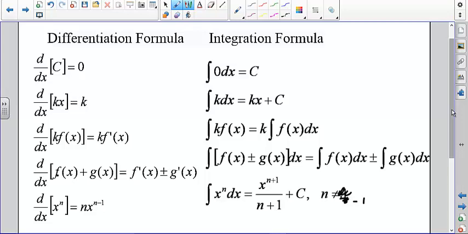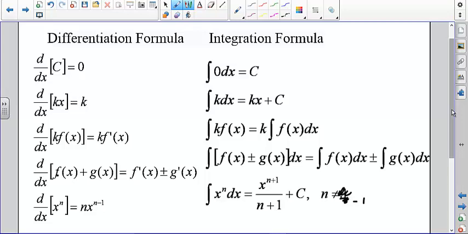We say the function that we want to take the antiderivative of, and we put this little dx. And what the dx is telling us is that we're integrating this thing with respect to x. And because we're in single variable calculus, we only integrate with respect to the same variable that we're dealing with.